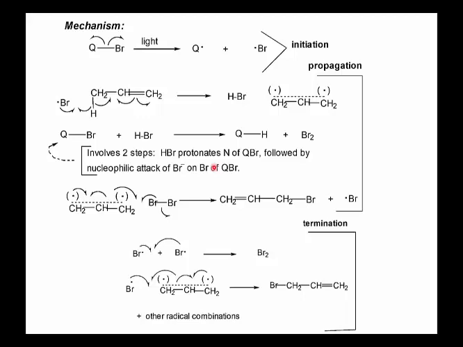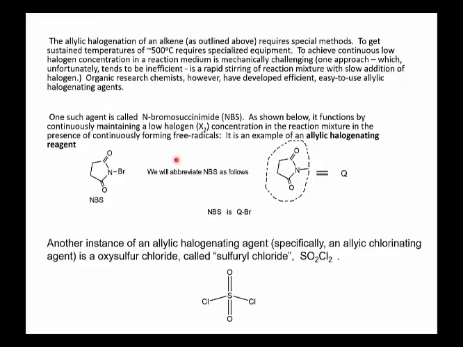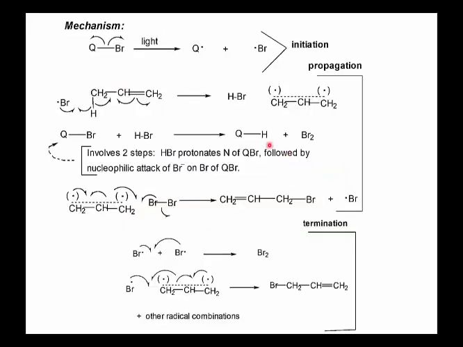All right. We start with the allylic brominating agent. I'm simplifying the drawing of it. The Q is everything but the Br. Here's N-bromosuccinimide, and this organic portion right here I'm going to abbreviate with Q. So this is the abbreviated structure of N-bromosuccinimide.